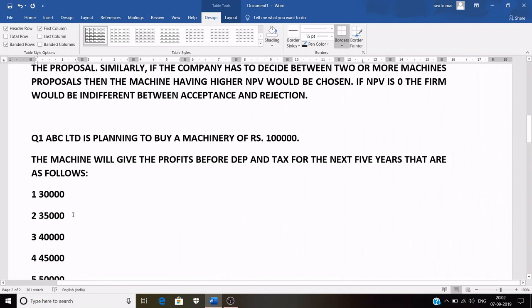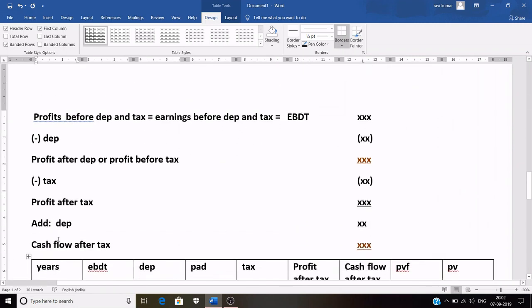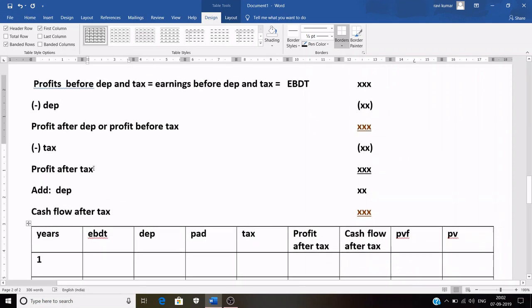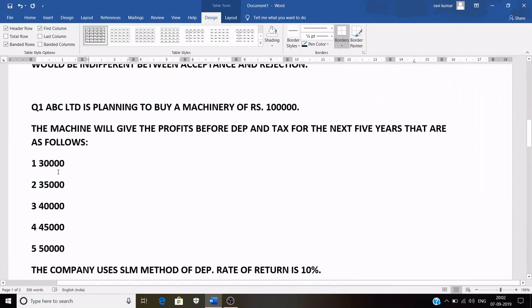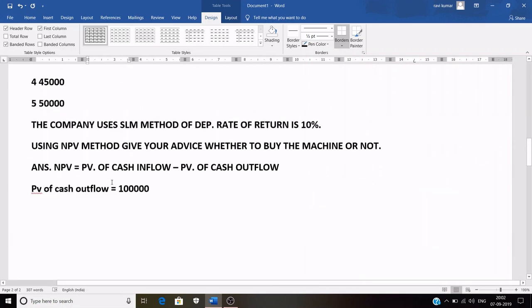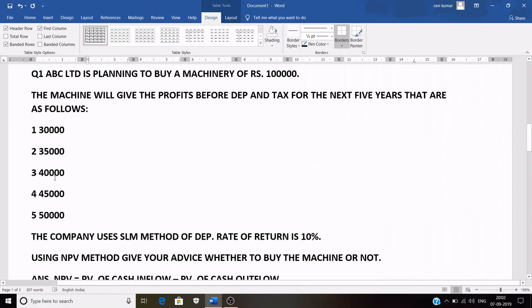Because our machinery life is 5 years, we will write years 1 to 5. First year, second year, third year, fourth year, and the last, fifth year. EBDT given in the first year is 30,000, in the second year it is 35,000, in the third year 40,000, in the fourth year 45,000, and in the fifth year 50,000.